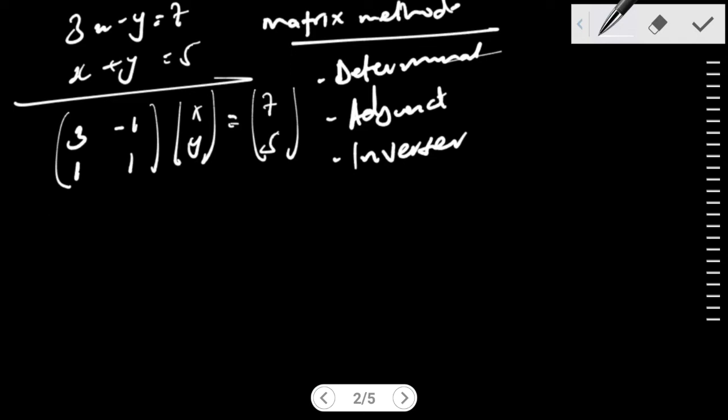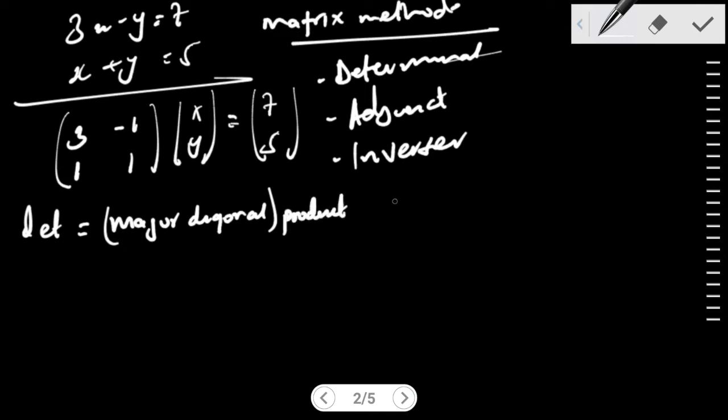If I'm to get the determinant, it would be equal to the major diagonal, in terms of product, minus the minor diagonal, of which both of them exist as products.